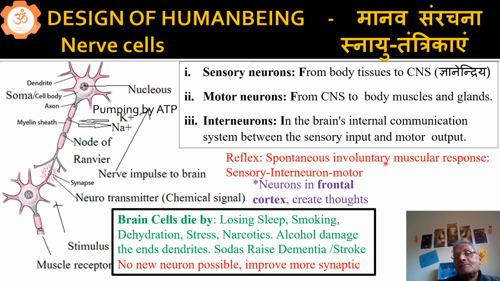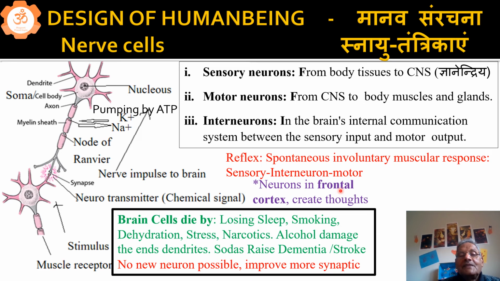This combination helps in creating the reflex action. And how are our thoughts created? Our thoughts are created through neurons in the frontal cortex. All our thoughts are created like that, and these are passed on to the different body organs with the help of neurons or neurotransmitter communication.